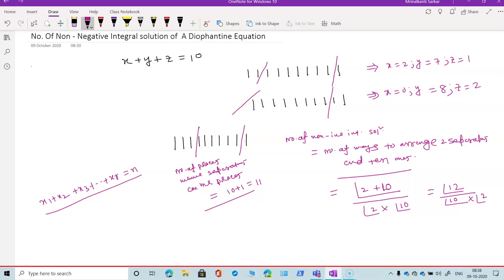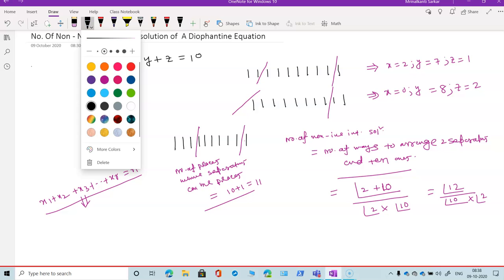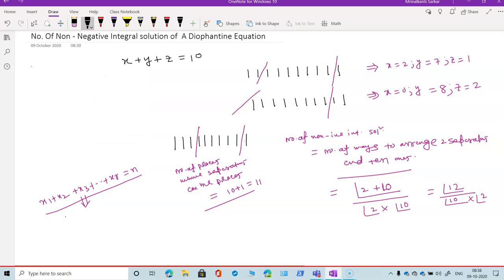If you say that for this one, how many separators am I going to take? Here, the number of separators we take is equal to r minus 1. And n ones are arranged.